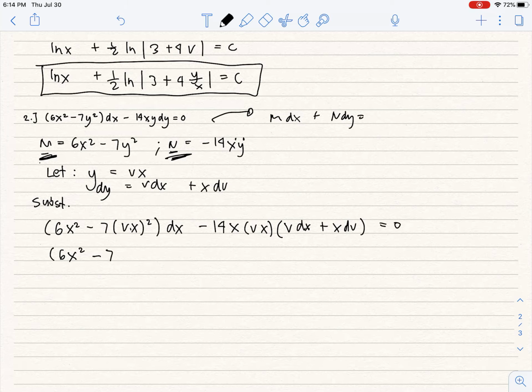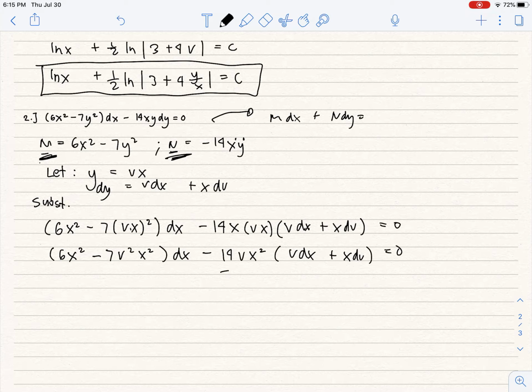So this is negative v squared x squared dx minus, distribute x to this a number, so this is just 14 vx squared, then multiplied by v dx plus x dv is equal to 0.